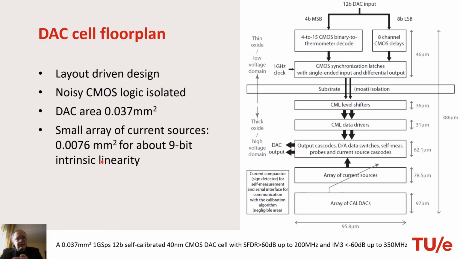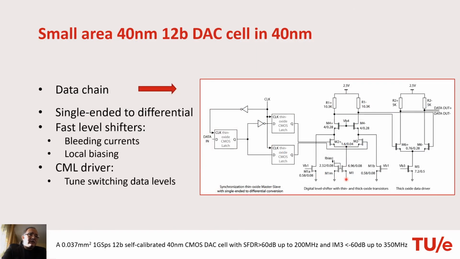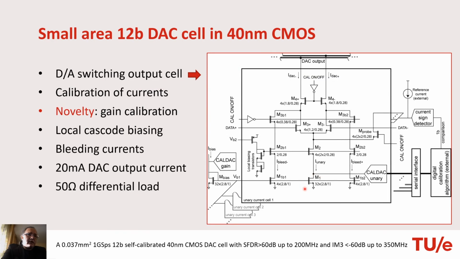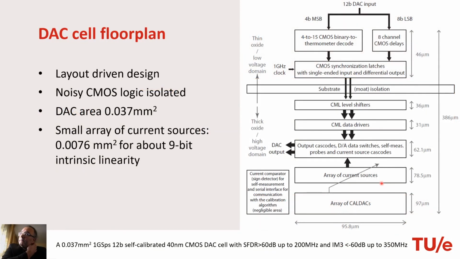That's the trick. We add a little bit of calibration like this block, but still this allows us to design a very small area array of current sources. You can see here the areas of the current sources. If you compare this with other papers, you'll see that we gain a lot of area by allowing small arrays of current sources.